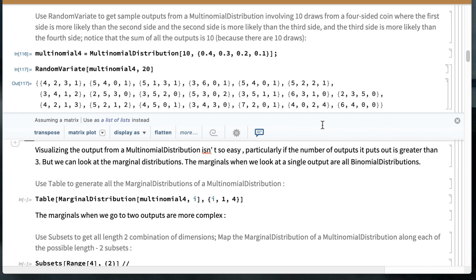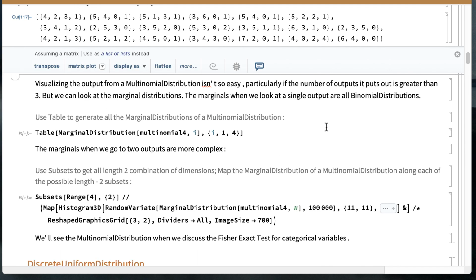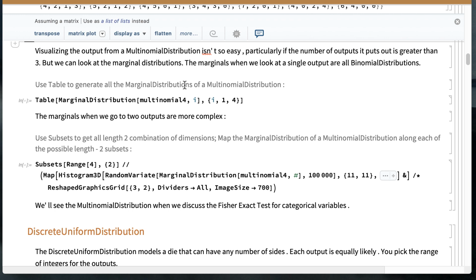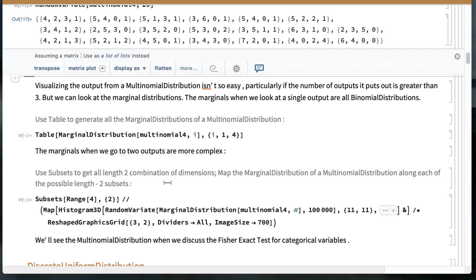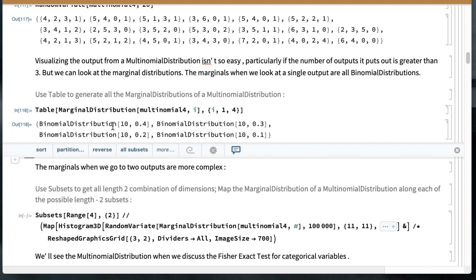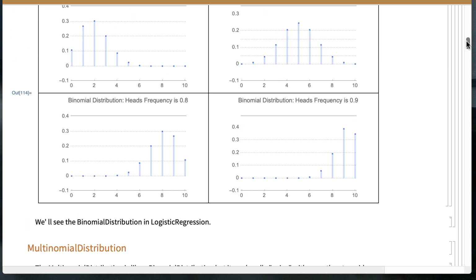it's not that simple, but what we could look at are the distribution of the marginals. Remember, marginals are taking one dimension of a multidimensional distribution. And here I'm going to have a little table that's going to generate the 4 marginals of the 4 outputs that our distribution can have. And you can see that actually each of the marginals are themselves binomials, and we kind of know already what those marginals look like.